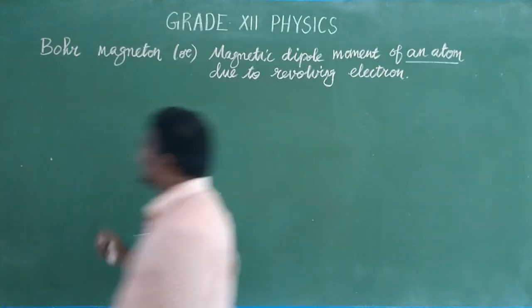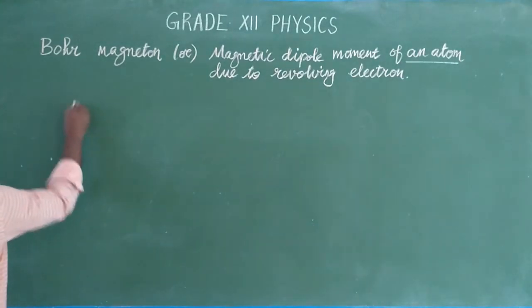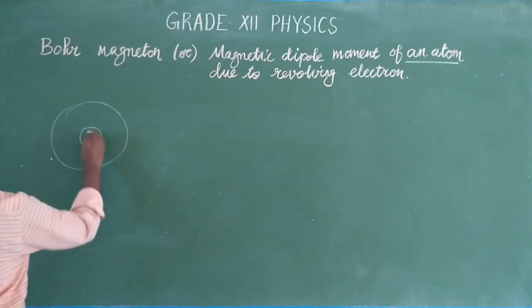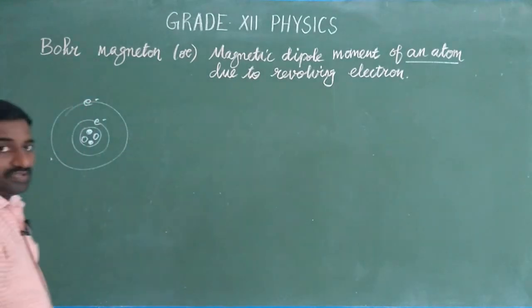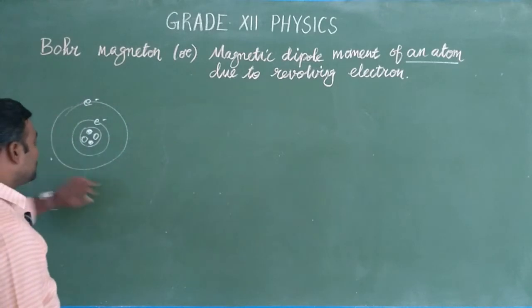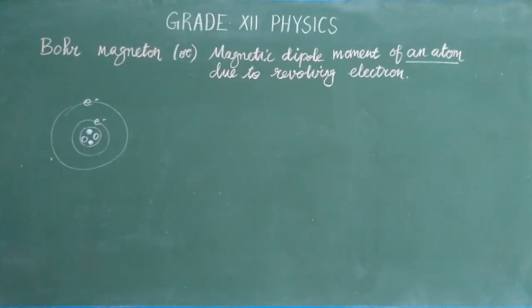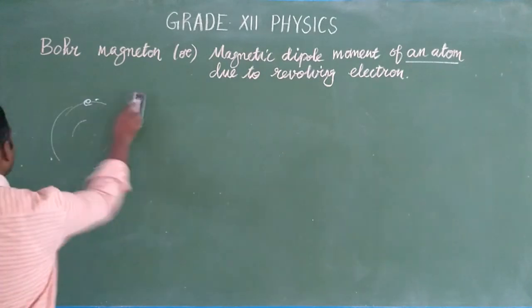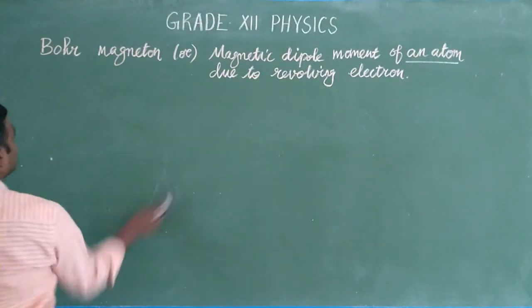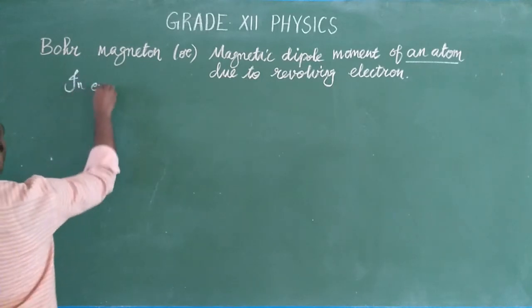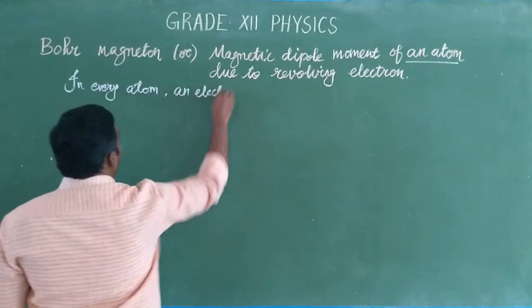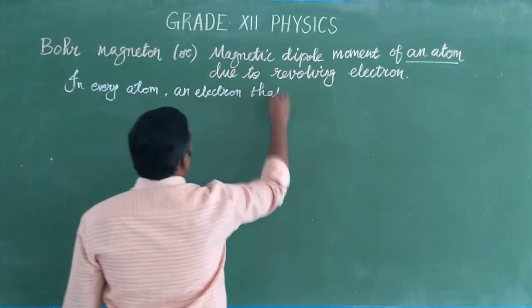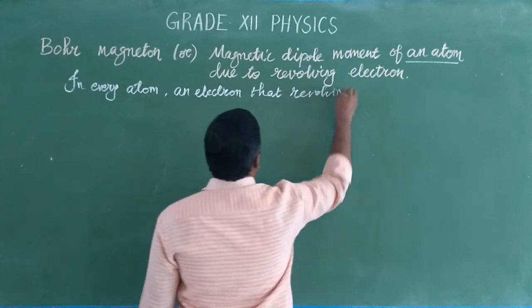Let us consider that in every atom, the nucleus is composed of protons and neutrons, and it has an orbit. In every orbit, the electrons revolve around the nucleus, which we have studied from our lower classes.